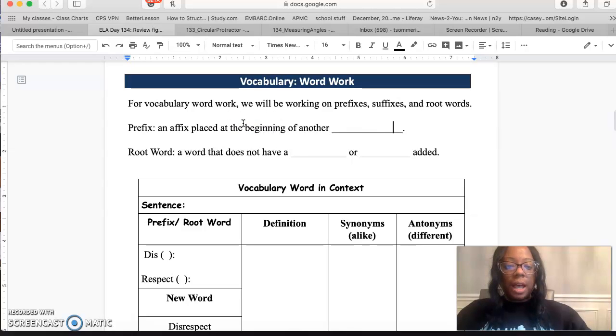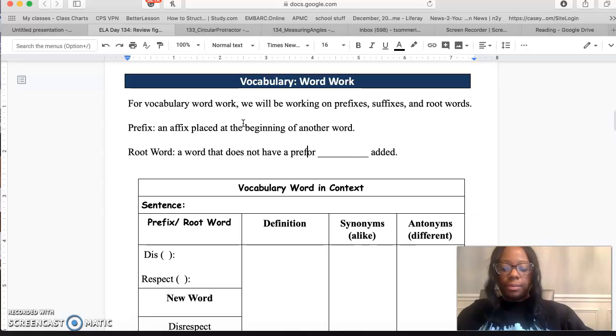We've gone over this every day this week so far, so I want to see everybody by the end of the week knowing the answer to this when we do our FSA. All right, our root word is a word that does not have a prefix or a suffix added. Make sure you fill that in, and let's keep it moving to our vocabulary word and context.